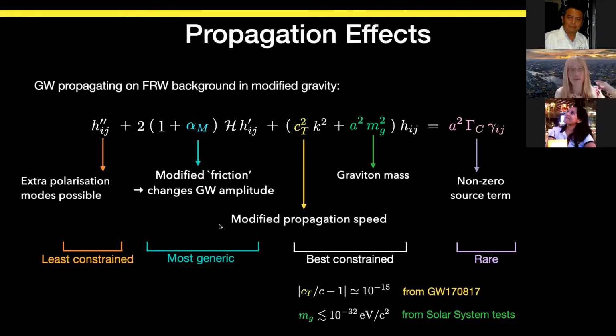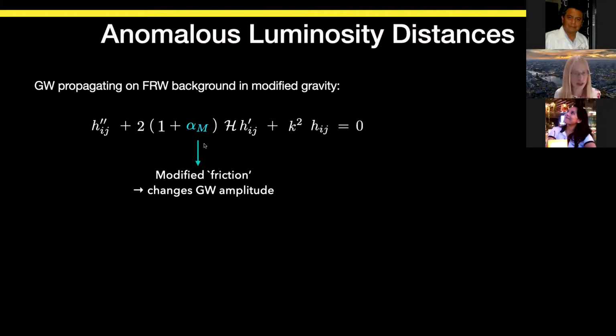It is that modification to the friction that potentially could affect your gravitational wave amplitude, and it crops up in all kinds of theories. So we'll focus on this term today as the most relevant one. I've taken away the others just to unclutter things.